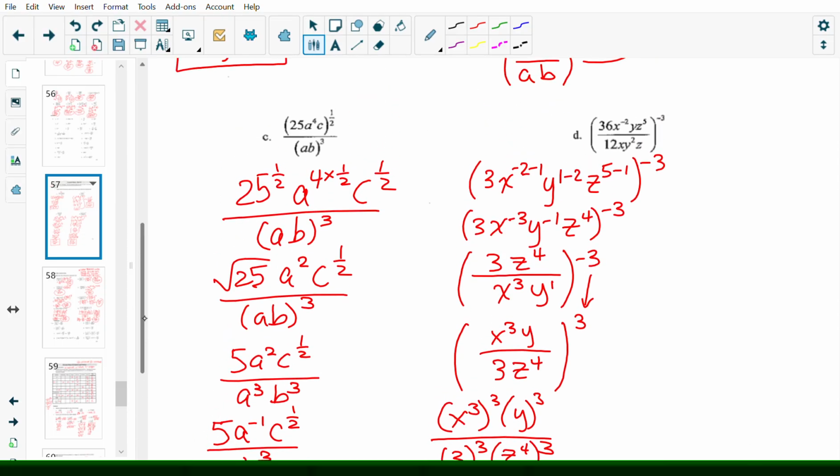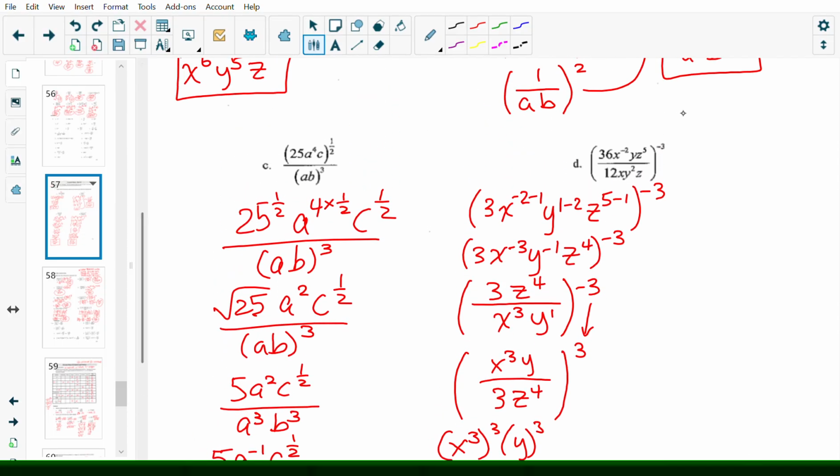Here's another way you can do this. Hopefully you can see from the beginning, I don't want to distribute that -3 exponent across. Man, that's a lot of work. That's hard. The other way you can do this, alternate, is this. From the beginning, you can flip the fraction.